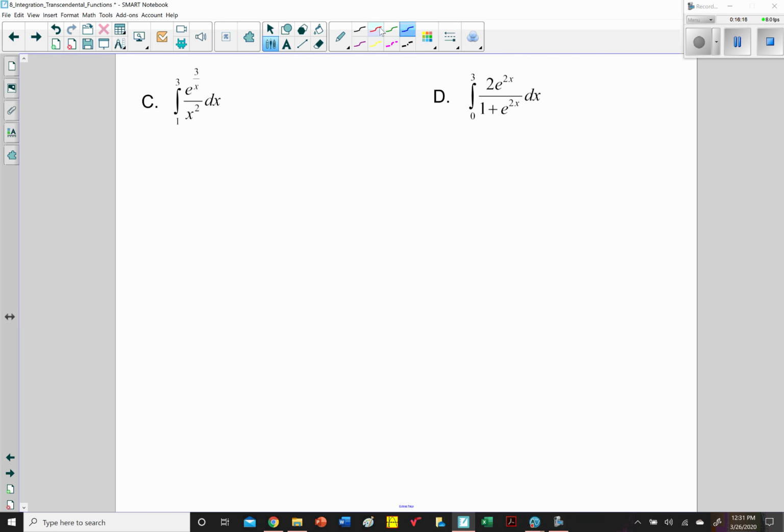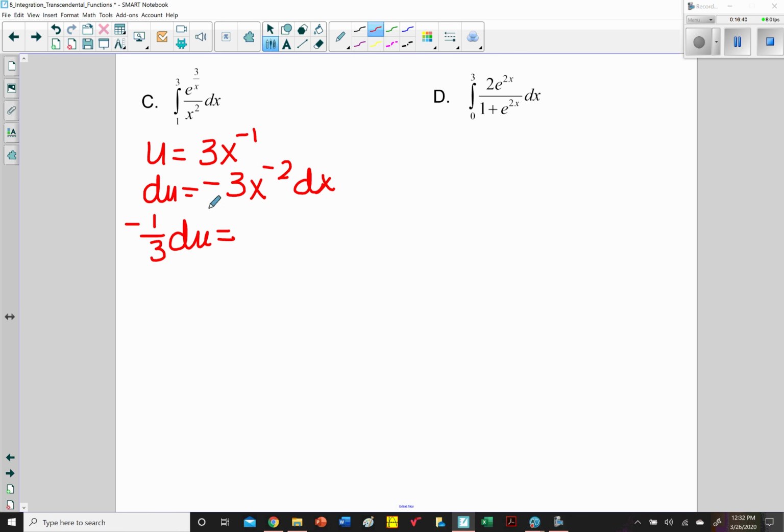Let's use the power on this. So if u is 3x to the negative 1, du is negative 3x to the negative 2, which looks like a negative 1/3 comes over here, and the 1 over x squared dx is built into our problem right there, since it's in the denominator.